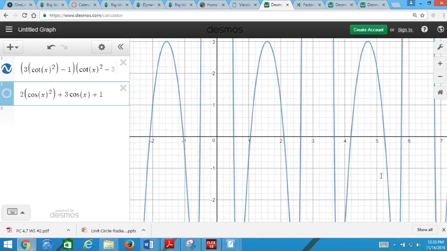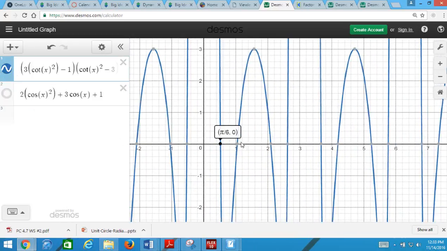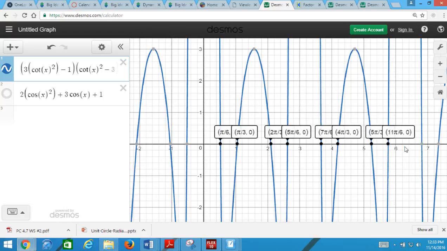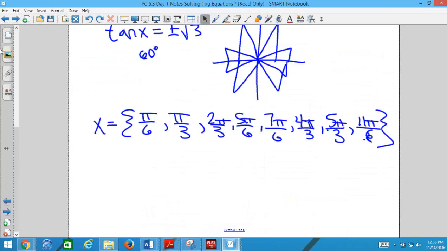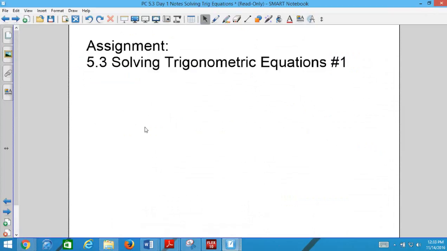But there were 8 answers, so we've got 1, 2, 3, 4, 5, 6, 7, 8, all the way to 6.28. So at least we're not doing the graphing by hand, right? Okay, so that is all the notes. You guys have your assignment in front of you, and you have the rest of the time to work on it and ask questions.